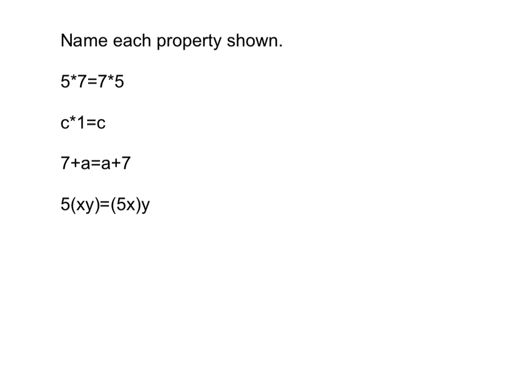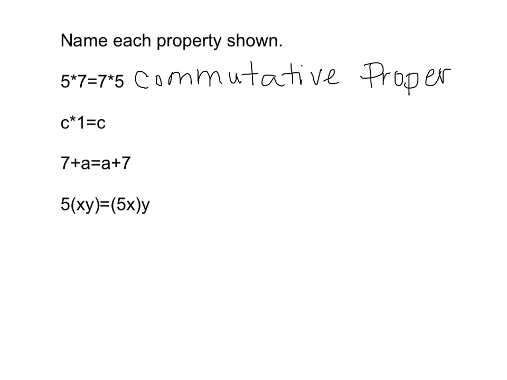Then the next section says name each property shown. So 5 times 7 equals 7 times 5. That one, if you go back to your original notes, we know that is the commutative property. So we're going to write commutative property of multiplication.